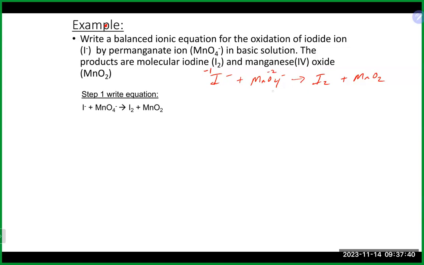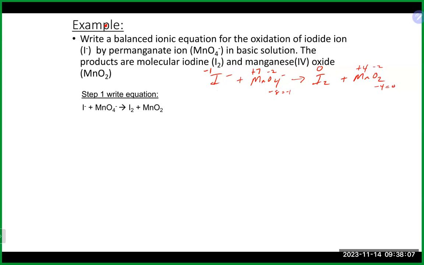That's 8 of them, -8 overall, it needs to be -1. That means that the Mn in this case has a +7 oxidation state to get us to our -1 overall. I2 is how it naturally comes, which means it has oxidation state of 0. Once again, looking at MnO2, that's going to be a -2, -4, needs to equal 0. So +4 in this particular case for the Mn.